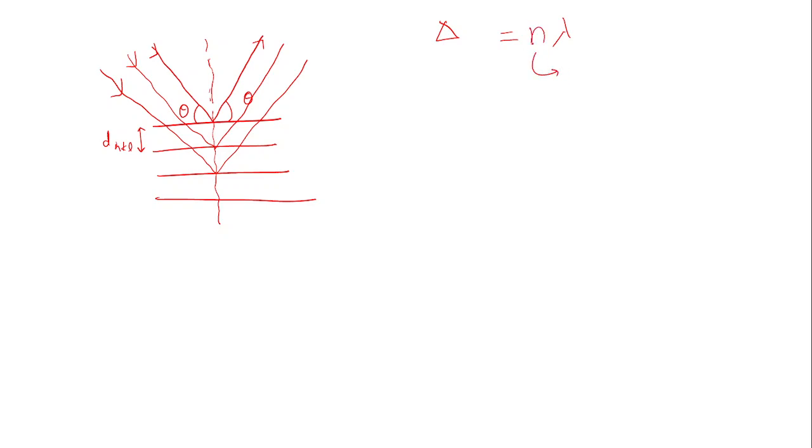This is the integral or order parameter that we call n, which should be an integer, so that we see constructive interference. So the path difference should be an integral multiple of the wavelength of the incident X-ray that is being used.